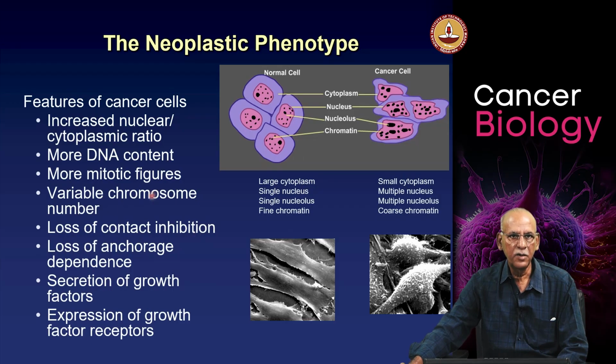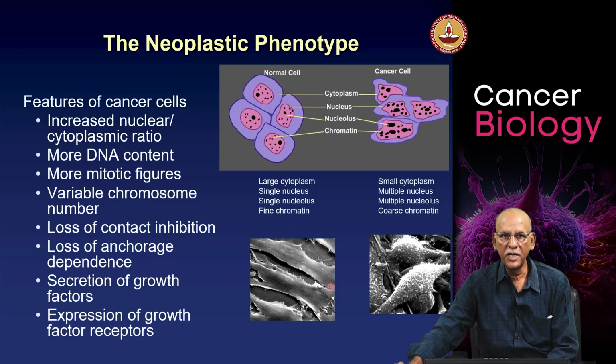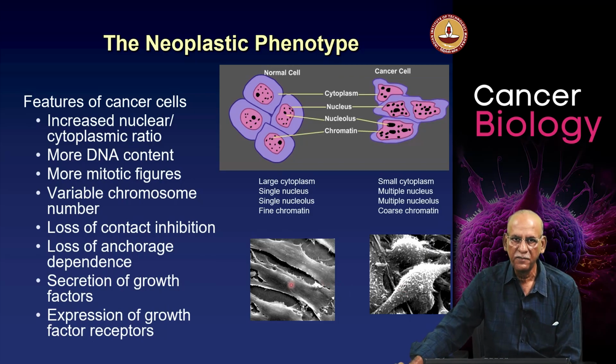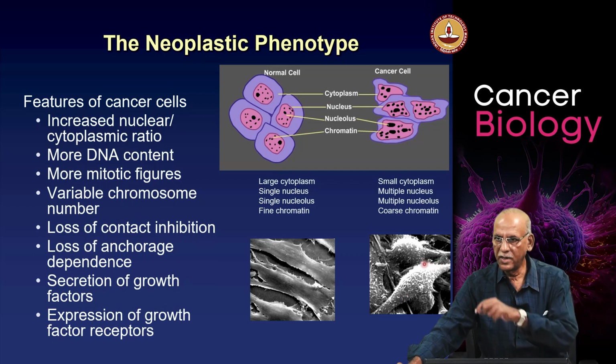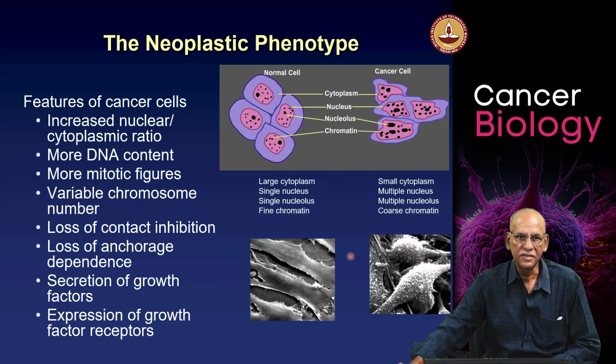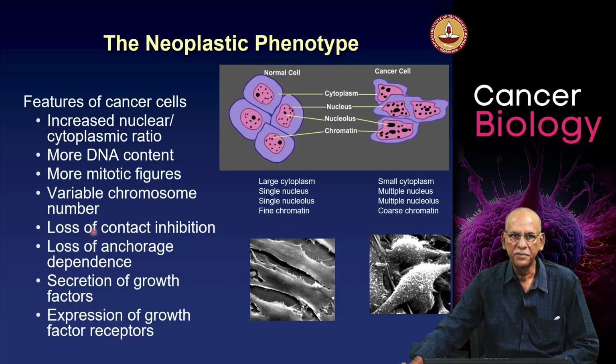And variable chromosome number is typically shown in this electron micrograph that you can see at the bottom. See here, this is a normal cell, and it looks flat, whereas the cancer cells under electron microscopy look elongated, and sharp tail-like structures are seen. So, I mentioned this loss of contact inhibition and variable chromosome number.